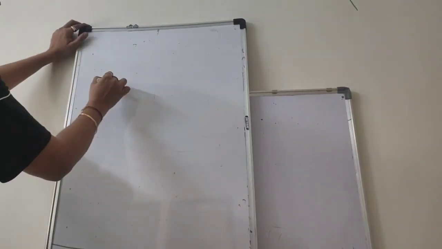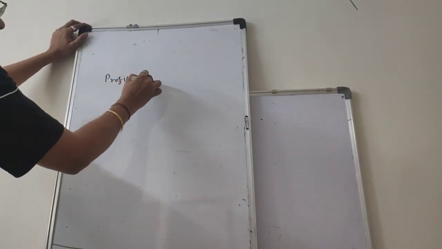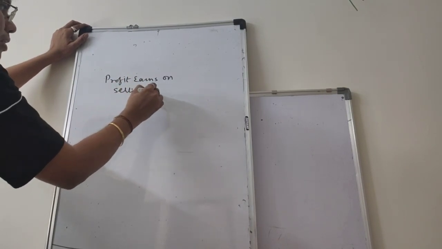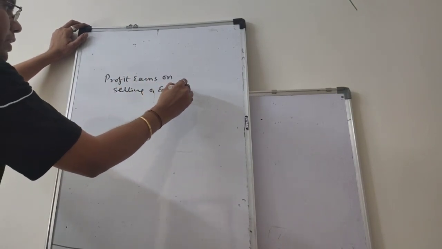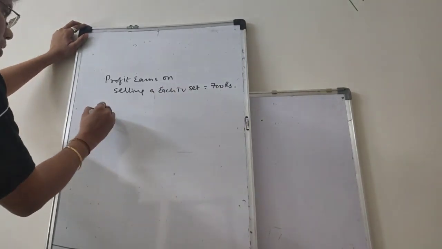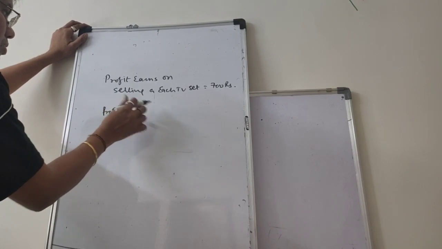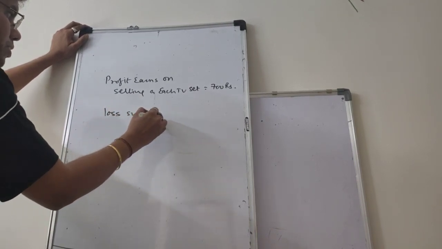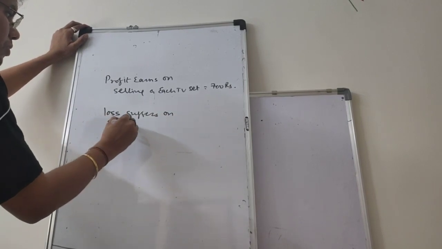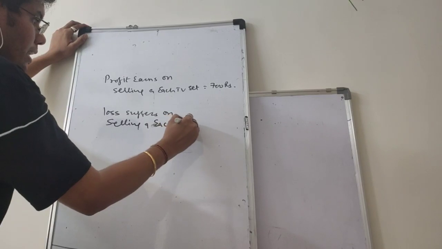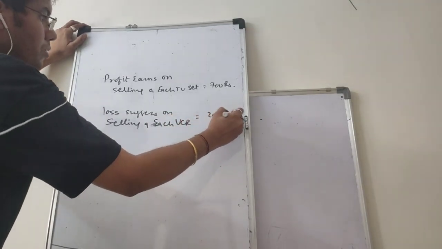Now the profit earned on selling each TV set is 700 rupees. Now the loss suffered on selling each VCR is 200 rupees.